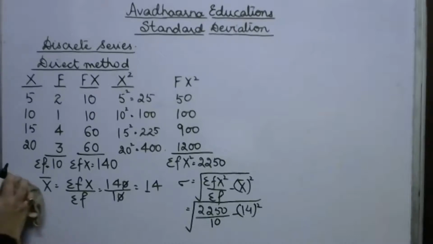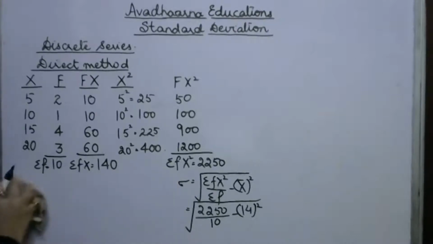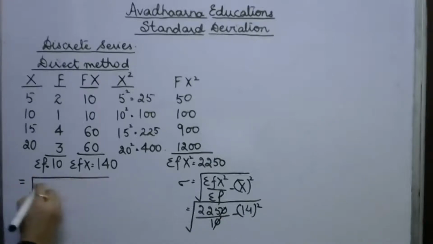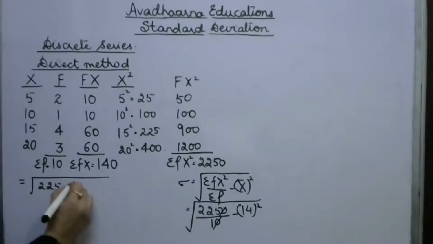Now when we'll solve this, I'm going to write over here on this side. When it is simplified, I'm going to get under root of 225 minus 14 square is 196.